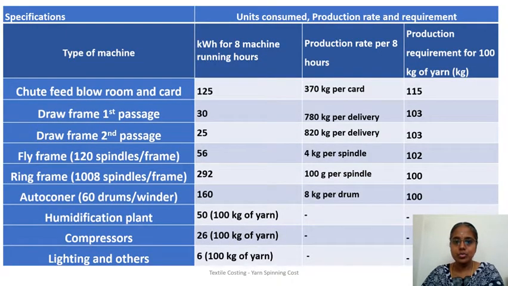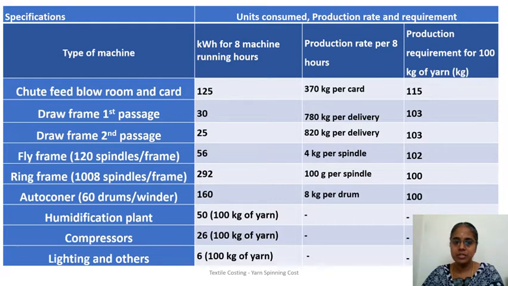I want you to look into this problem and note it down if you need to calculate the same for your better understanding. If you are students, then you need to note it down and calculate. The units consumed in the first column is kilowatt hour for 8 machine running hours.